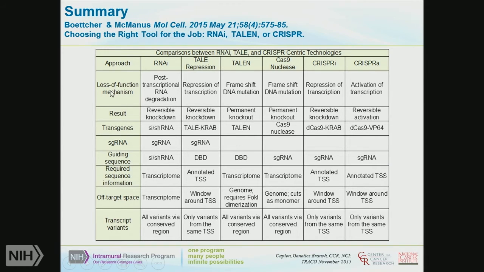They've summarized the mechanisms, what you're going to see as a result, how you're going to induce this, and what the likely off-target space is. As I say, at this point they all have their pros and cons.